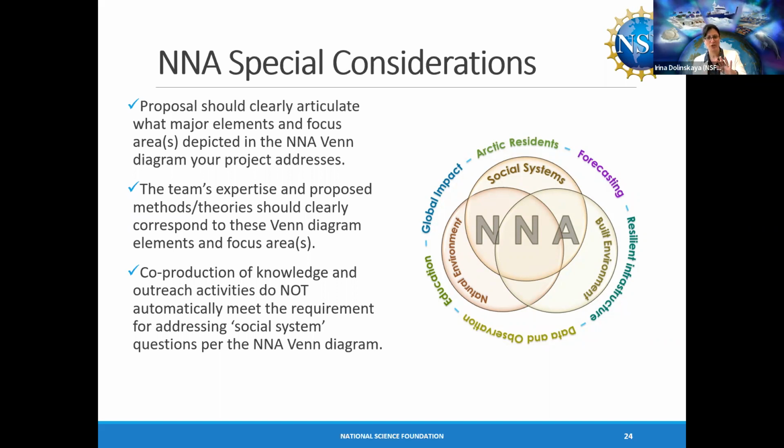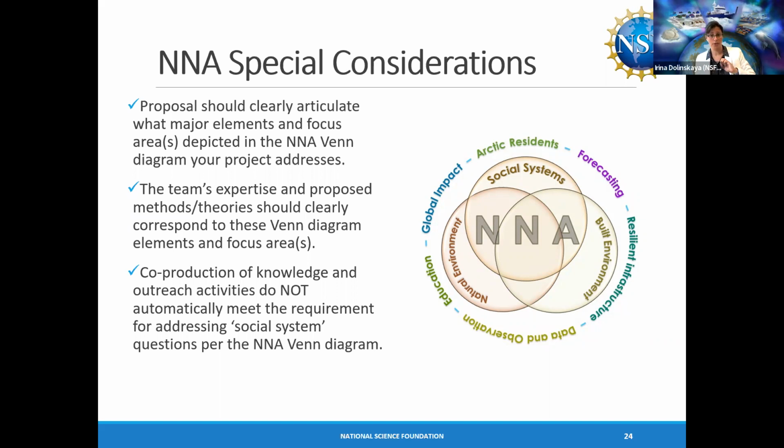The second one I've talked about is that the expertise and the methodology need to clearly correspond to those overlaps. And the third one, which we see so often and I want to make very clear to everyone submitting to NNA, is that co-production of knowledge is encouraged but absolutely not required, because it's not appropriate for every project.